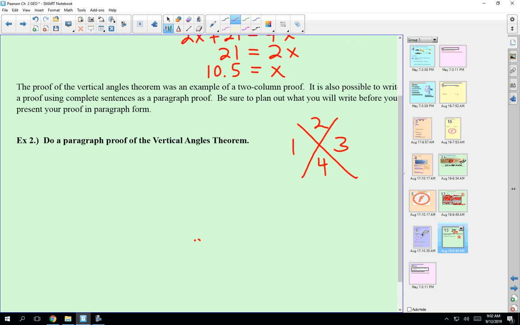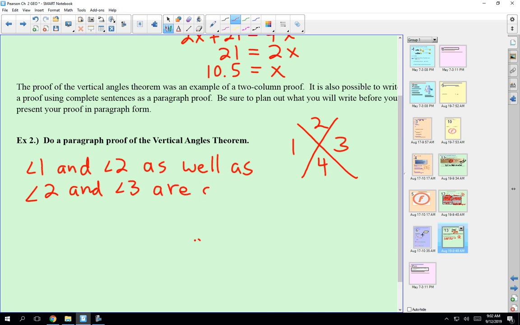So we might start with the fact that angle 1 and angle 2 as well as, this thing's being sensitive today, angle 2 and angle 3 are supplementary because they form linear pairs.